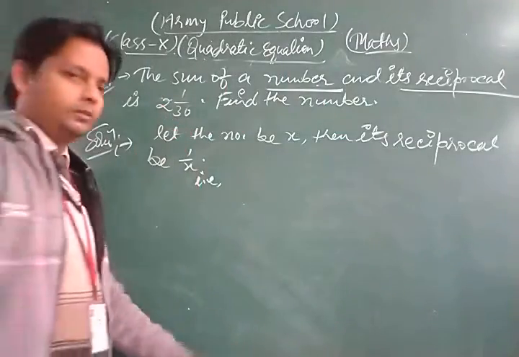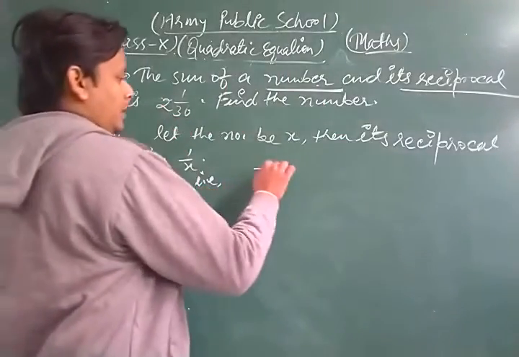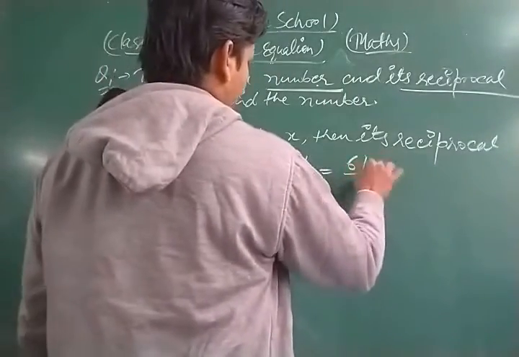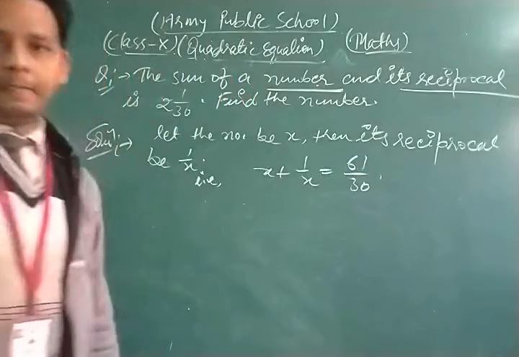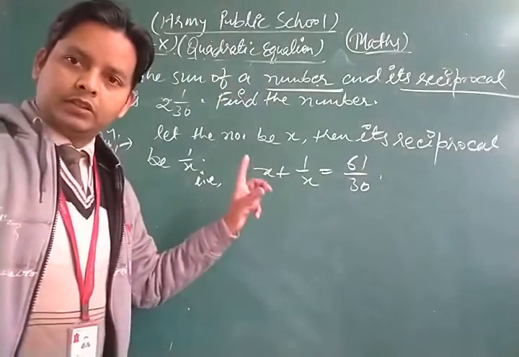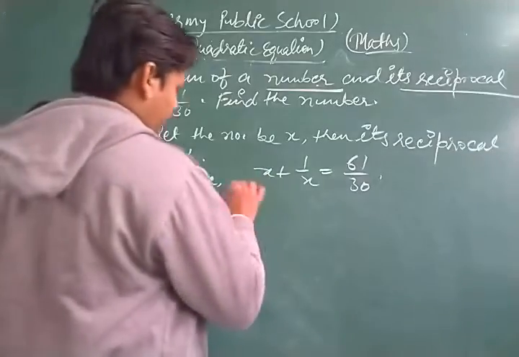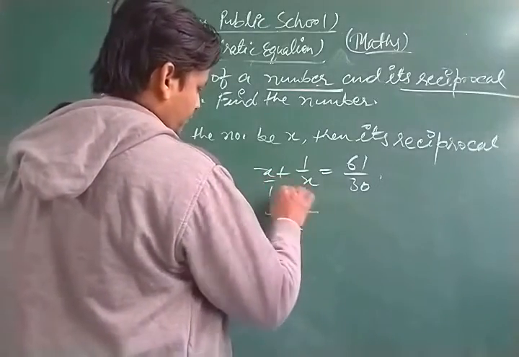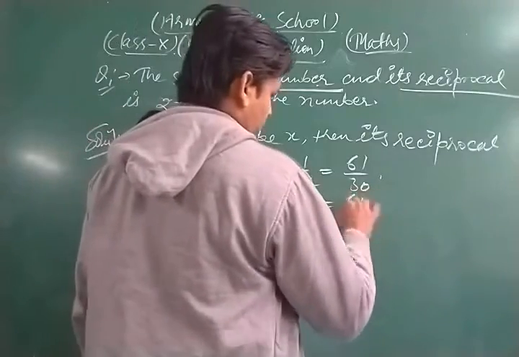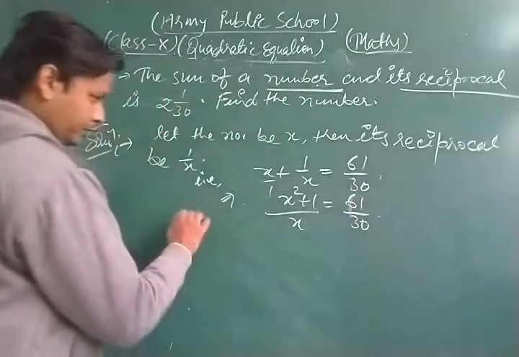Okay, so according to the concept, x plus 1 upon x is equal to 61 upon 30. Now we just simplify the given relation. This is x square plus 1 upon x, this is 61 upon 30.